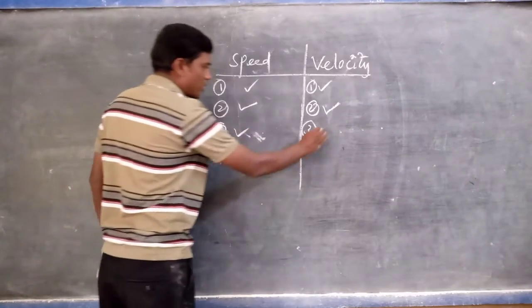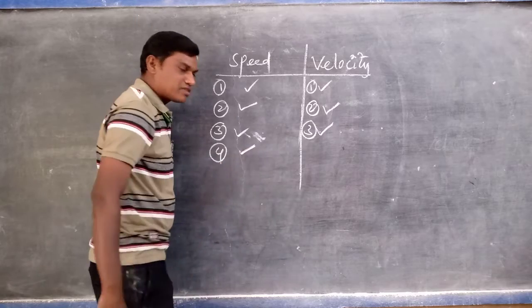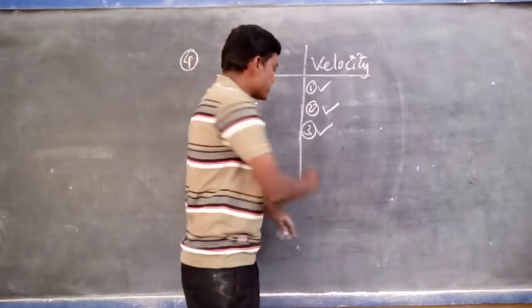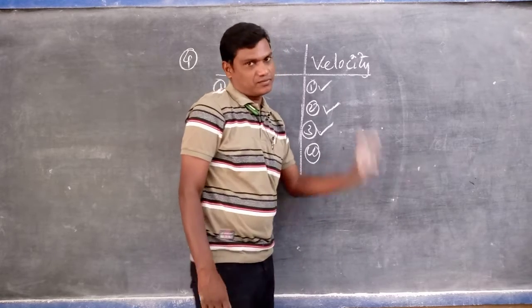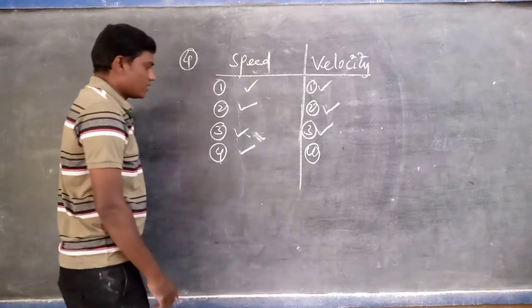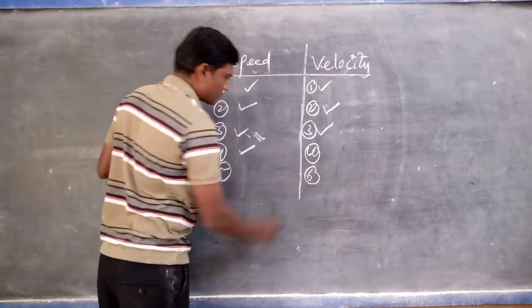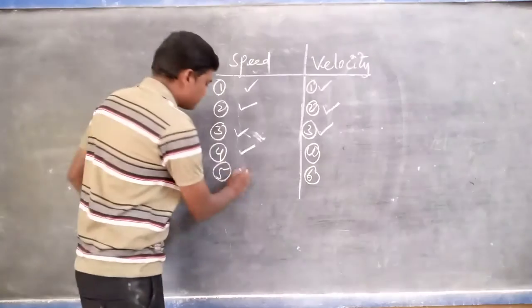Next, fourth one. The magnitude of the speed is always positive. The magnitude of the velocity may be positive or negative. Next one, speed cannot be zero.